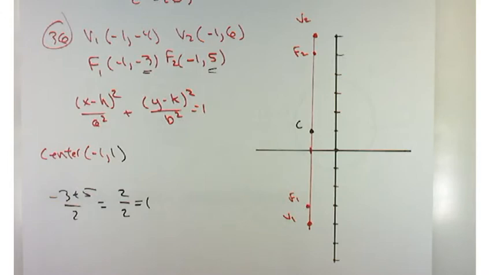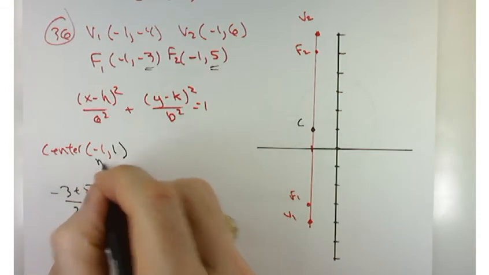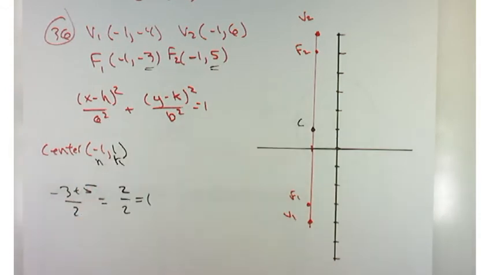Knowing the center tells us something else about our problem. There's 4 things we need to know. We now know h and k. We can also look at this and figure out one of these other values. Not a. Michael, do you see what other value we can determine here?